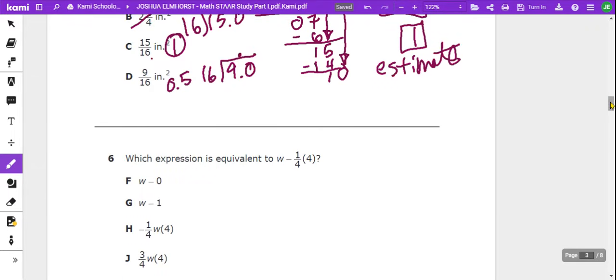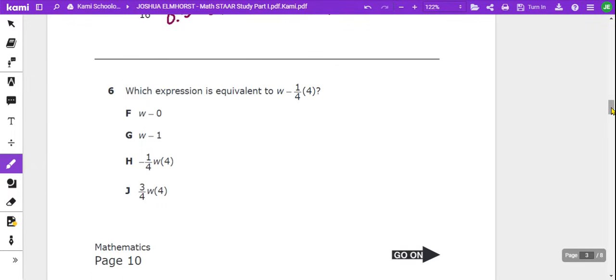Okay. Next one, which expression is equivalent? First things first, we need to take a look at this 1/4 times 4. So this is 1/4 multiplied by 4.